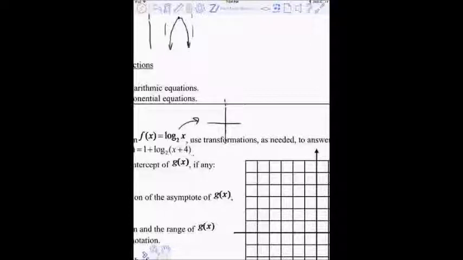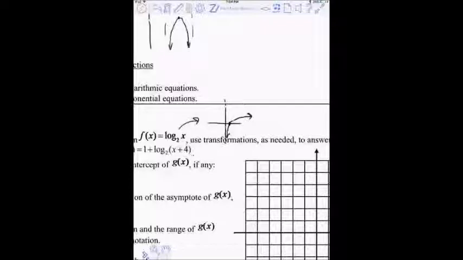Because remember, you can't take the logarithm of anything that's negative. So that vertical asymptote just means the whole graph is going to be here on the right side where we have positive x values. And then there's a point of 1, 0. And the logarithm graph looks something like that.